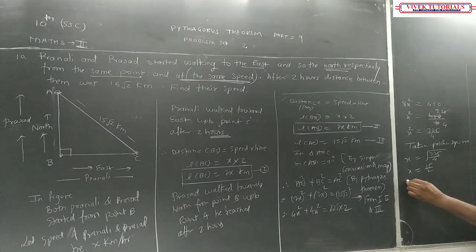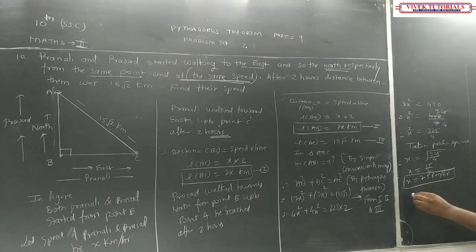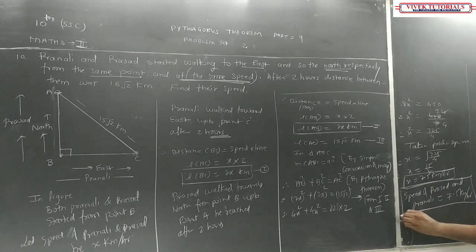So what I can write then, x is equal to 7.5 kilometer per hour. But x is what? Speed. So what I can write there? The speed of Prasad and Pranali is equal to 7.5 kilometer per hour. Then you are going to put it in a box. This is your final answer.